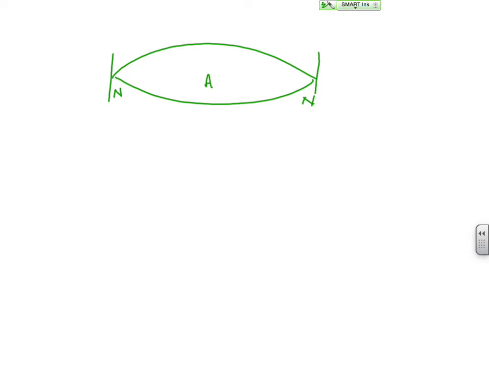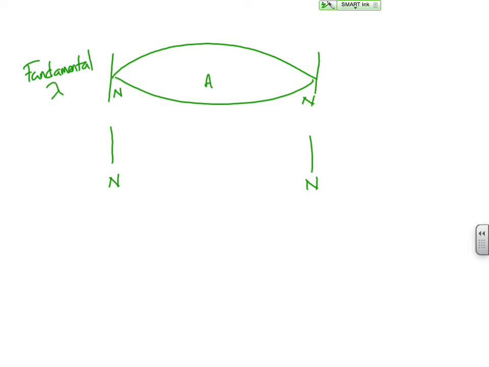But is that the only thing that can form there? No, the only thing we know we have to have at both ends are two nodes. Now I know I have to have one antinode in between the two nodes, so this is the smallest one that can happen. So this one is going to be the fundamental wavelength, because that's the smallest one that can make a standing wave.